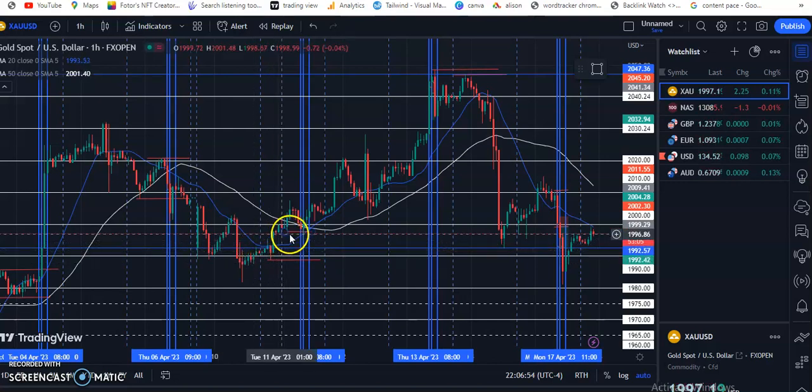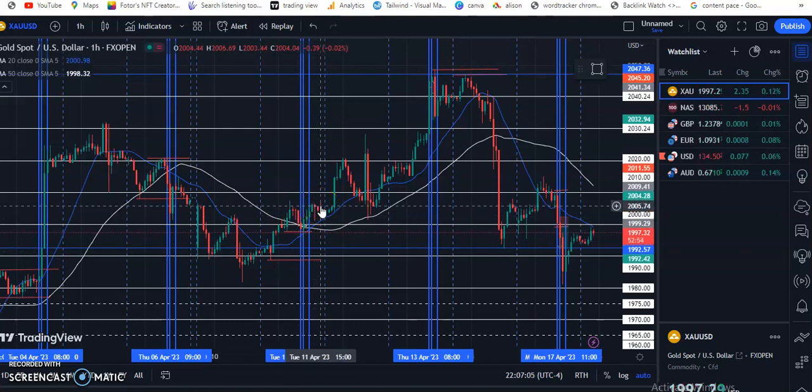Then we have our day one, our first blue day, because it opens here and it closes above. Let's call it green day. Now we have day one, day two, and day three. So this day three was Thursday last week.